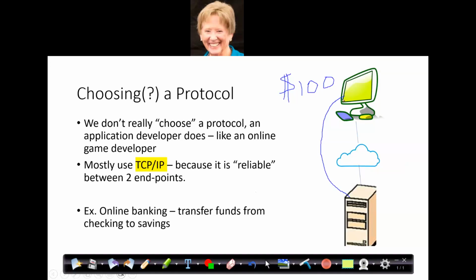We click the button and say, I want to transfer that to the server. Well, we want some kind of acknowledgement that he's got it. We should have a button that says done, finished. We call that an acknowledgement. So TCP is going to acknowledge that you've gotten that deposit. TCP is reliable between two endpoints.